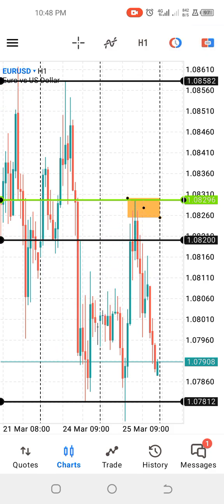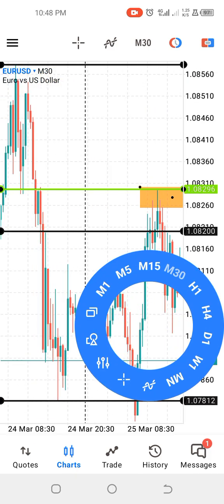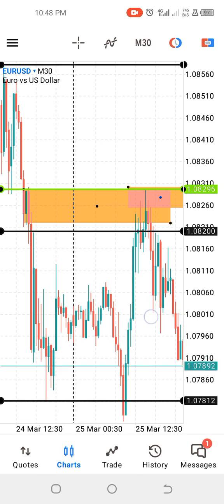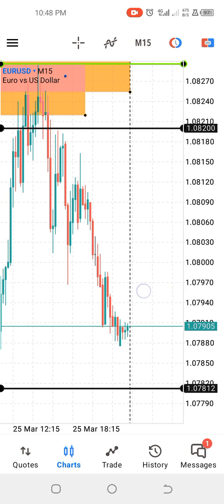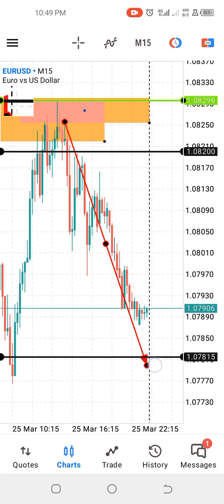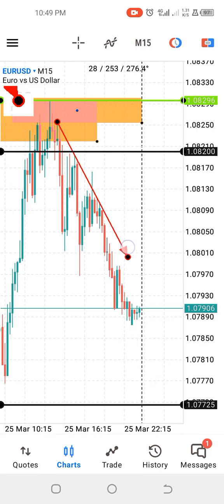Going into the 30 minutes time frame, what do we see on this zone? On yesterday's candle we had a very nice supply zone right there, which price has already tapped, giving us a very nice reaction from that supply zone, and it started to sell. So price has tapped today and price is already dropping.